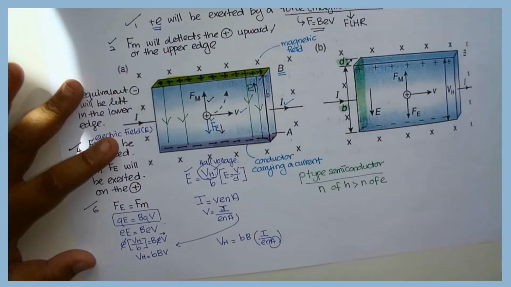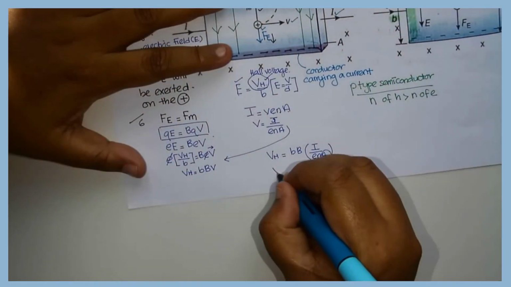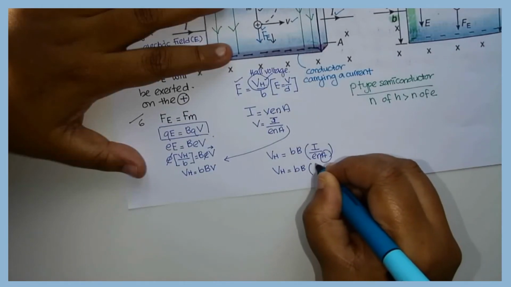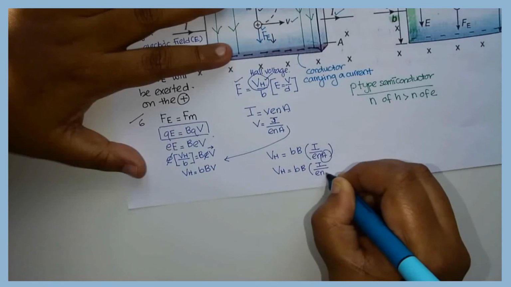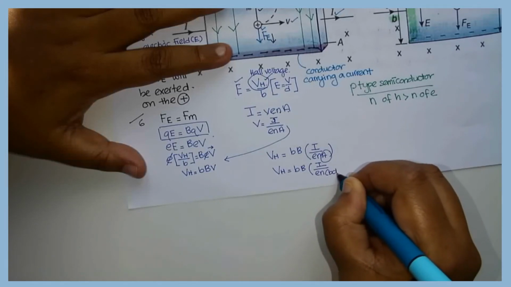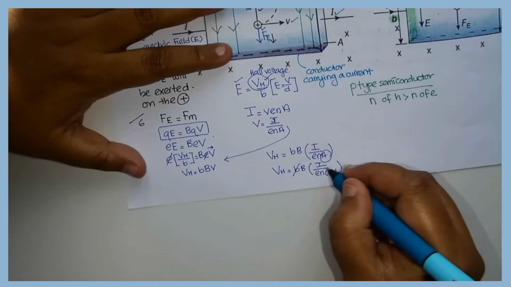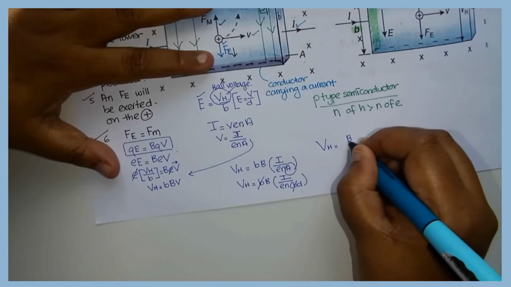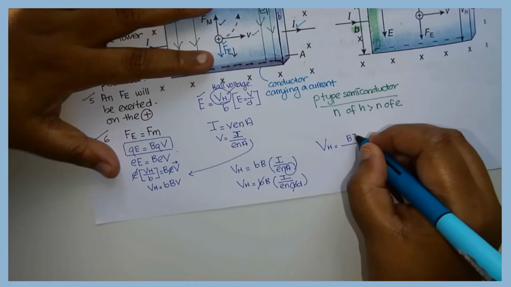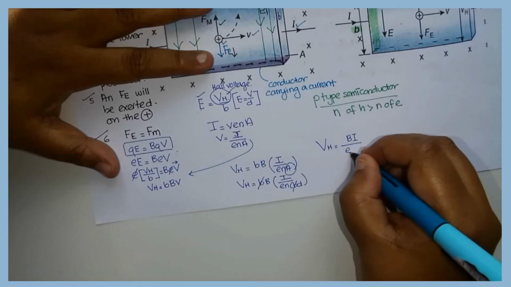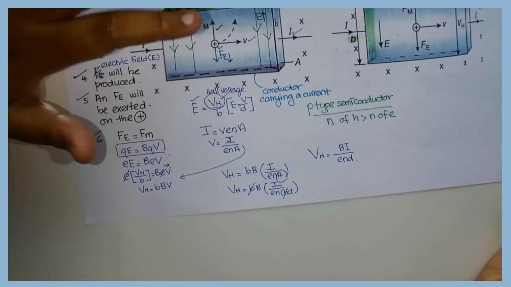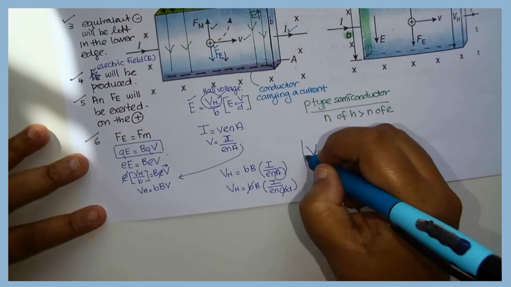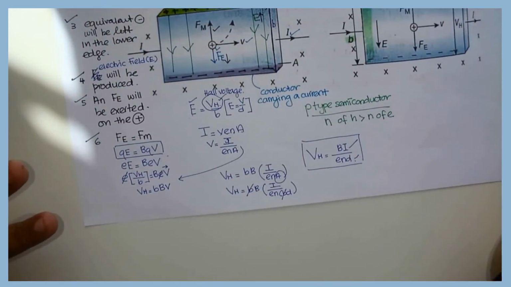So VH equals B I over n e A, where A is b times d. Then we cancel the b, and we get VH equals capital B I over n e d. So this will be the formula for Hall voltage.